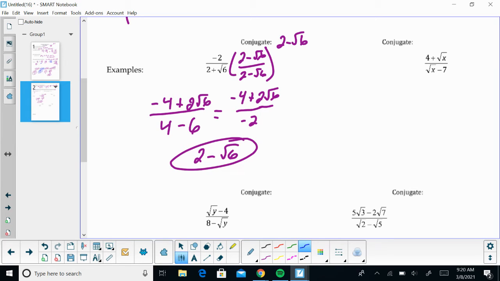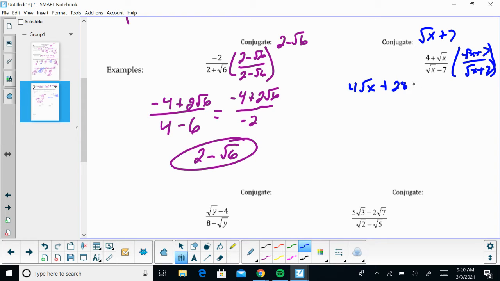Taking a look at our next example, what's my conjugate here? Square root of x plus 7. So we're going to multiply by that on both the top and bottom. Double distributing up top, 4 times square root of x is 4 root x. 4 times 7 is 28.